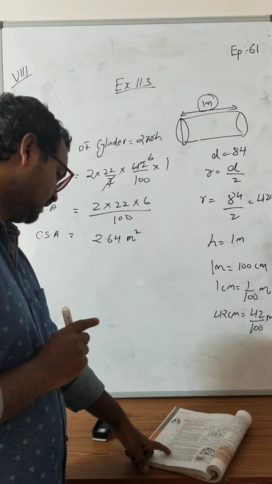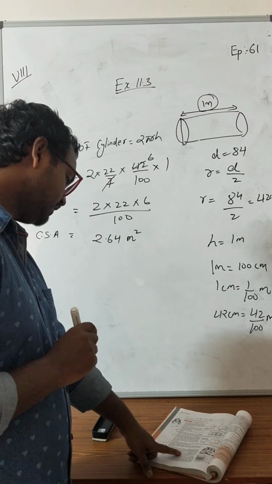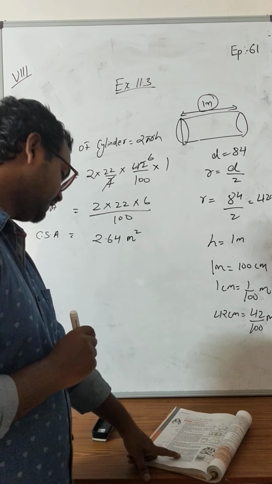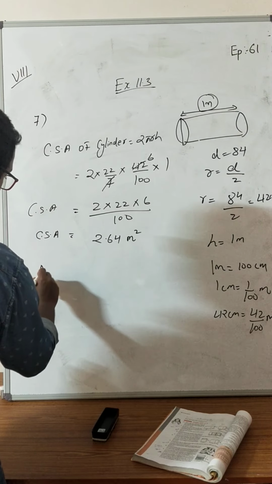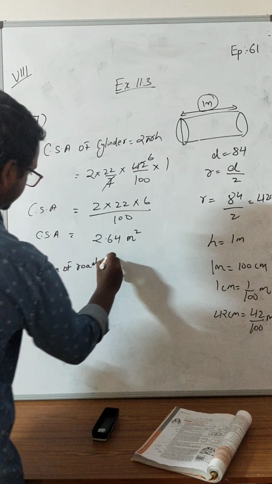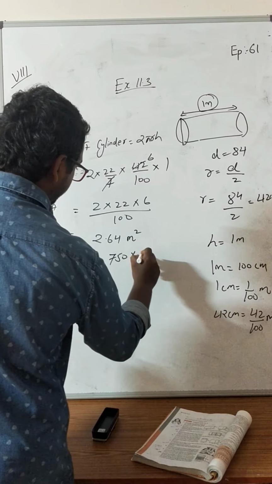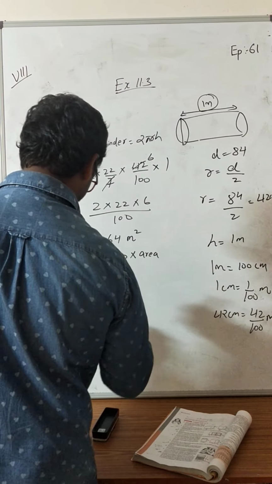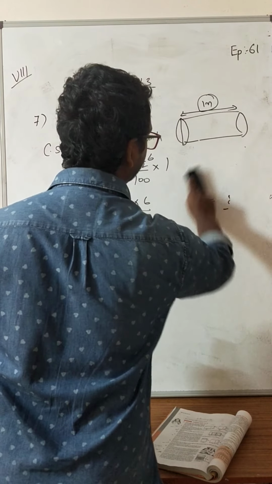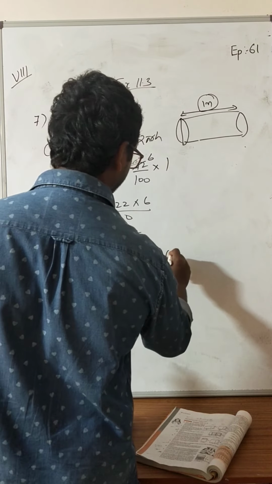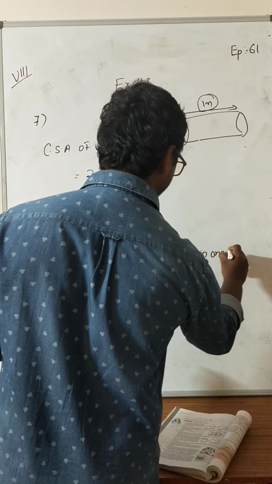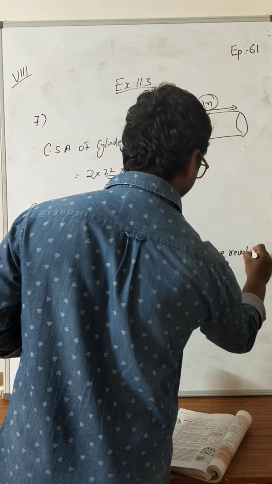Now we have to find: a road roller takes 750 complete revolutions to move once over to level a road. Find the area of the road. So the area of the road is actually equal to 750 into area covered in 1 revolution.